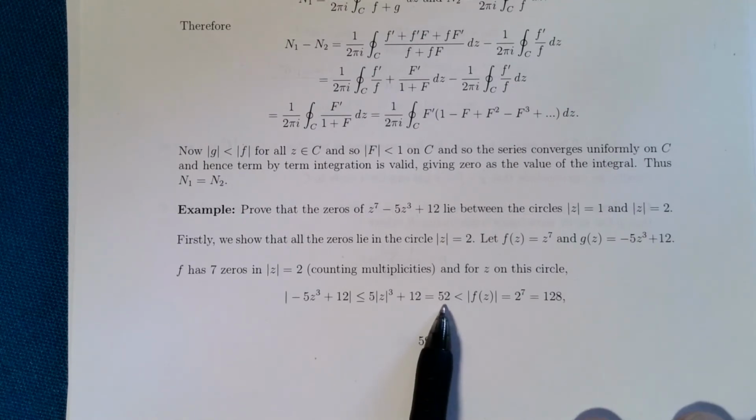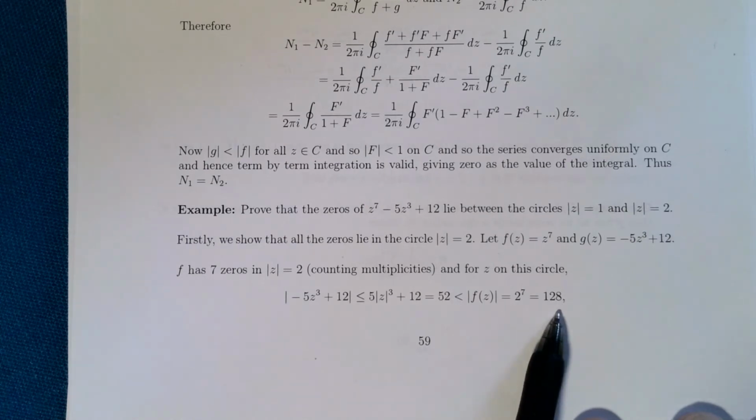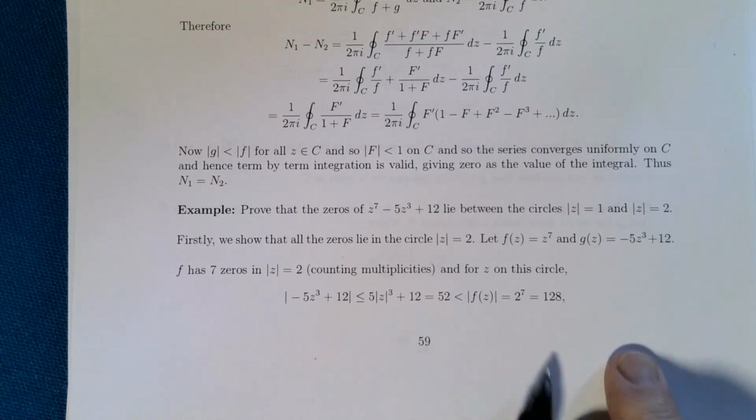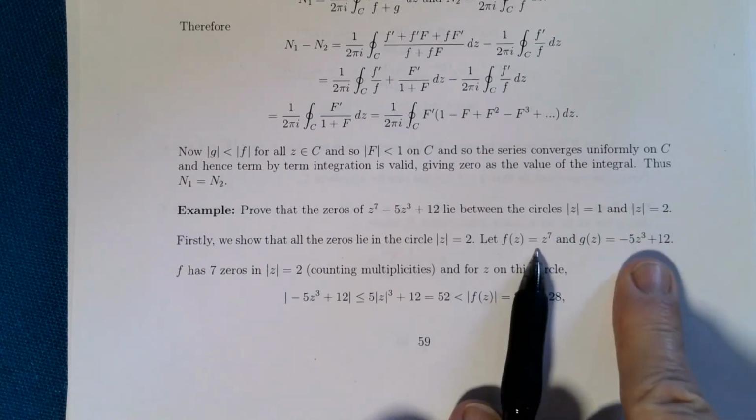On the other hand, on that circle mod z equals 2, the modulus of f of z is 2 to the 7th, which is 128, and 52 is less than 128. So we've satisfied the conditions of Rouche that mod g is less than mod f for all points on the contour, and that means this function and the sum of these, which is the polynomial I started with, have the same number of zeros inside mod z is 2.